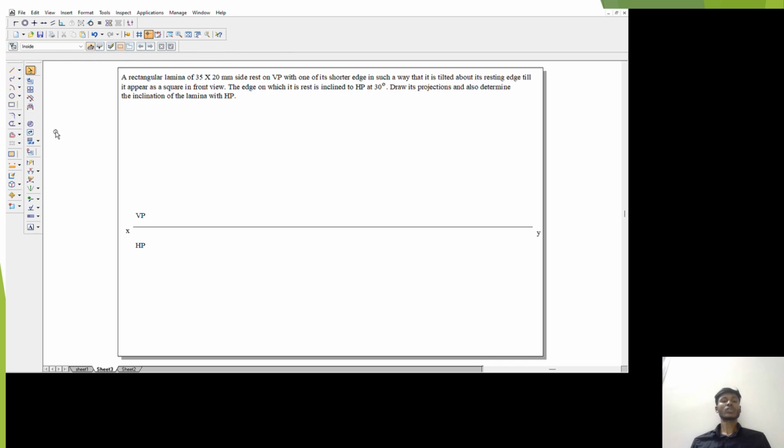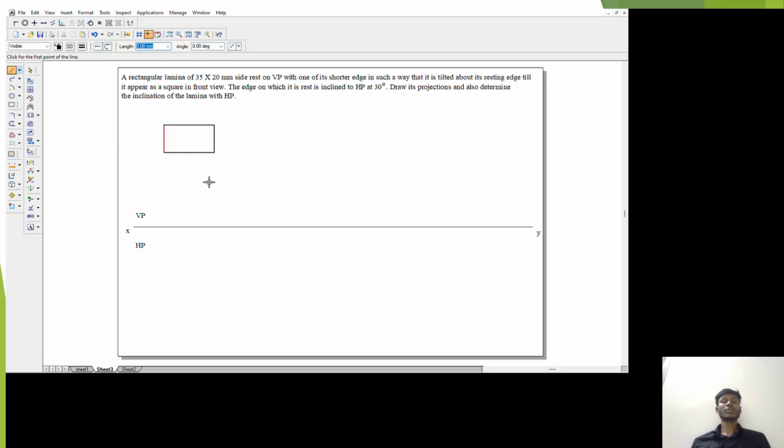And then go to small dimension and measure the dimension of the rectangle width and height. Then go to arrow end and make an arrow head towards VP. Then take a rectangle of 20 mm width and 20 mm height and angle equal to 0 degrees wherever we want to keep the square.